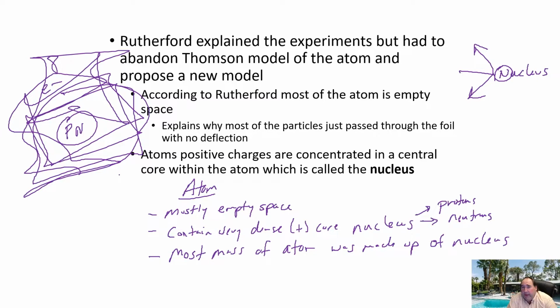You do need to know what he did, what he thought was going to happen, and what he really discovered happened. And obviously, you also need to know the correct version, if you will, of the atom's makeup.